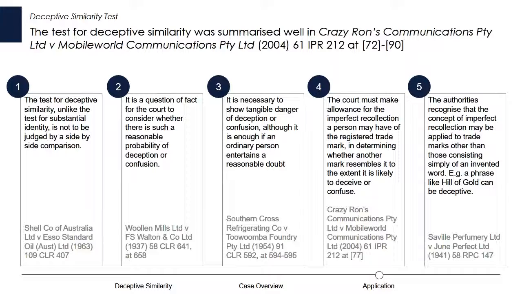Finally, the authorities recognize that the concept of imperfect recollection can be applied to trademarks other than those of invented words. And what that means is that a phrase like Hill of Gold can be deceptive. The sources for all of these tests, where they were stated or clarified, is listed there on the slide.